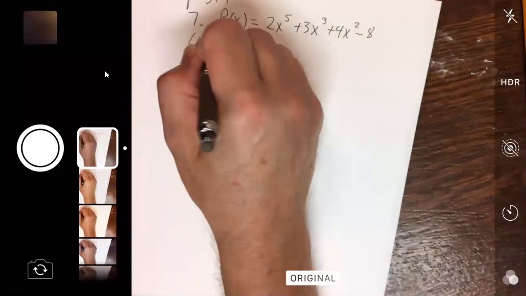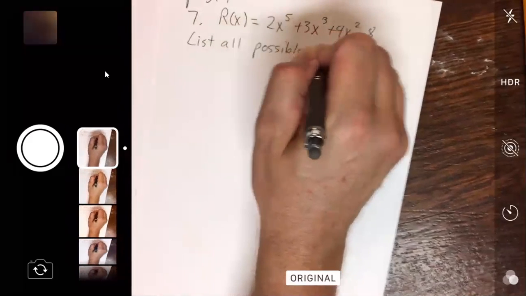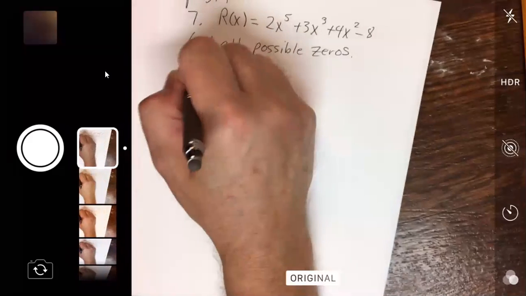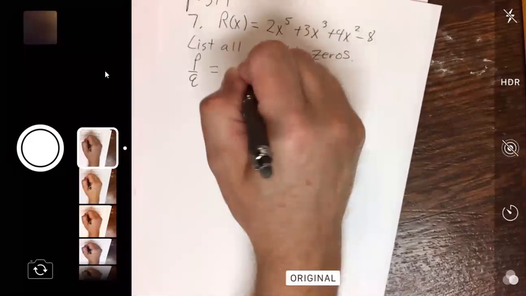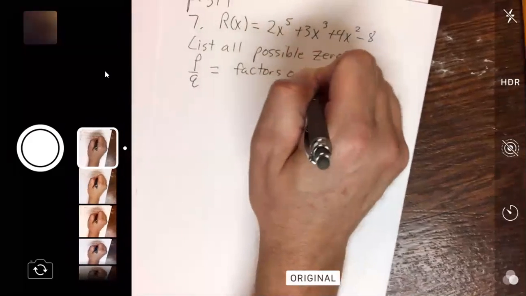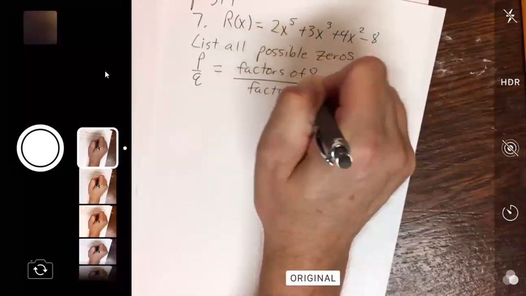List possible zeros. All right, they call this list P over Q, just using their same notation. I'll write it out. I need factors of 8 over factors of 2.